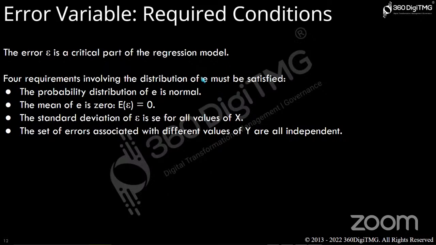So the four requirements for the error variable are, first of all, the probability distribution should be normal. The mean of the error should be 0. Since it is normal, the mean should be at 0. The standard deviation should be the same standard deviation of error for all values of x.